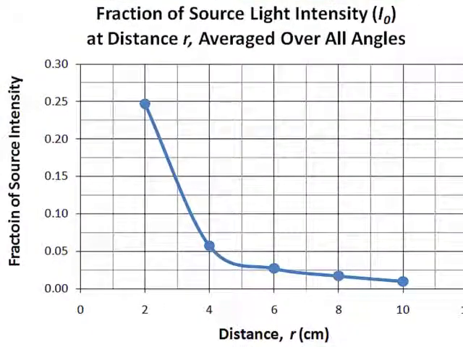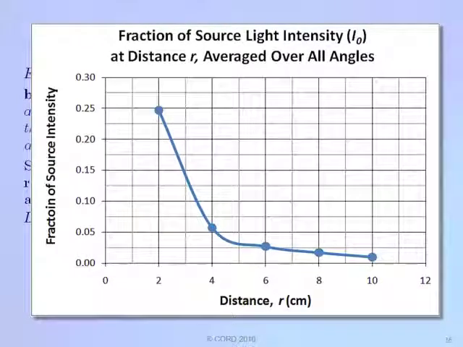And we see a nice smooth curve that looks like it's exponentially decaying, doesn't it? This is actually what you would call an inverse square law in action here. And you've probably heard of that before, that the light intensity falls off in proportion to the inverse square of the distance from the source.